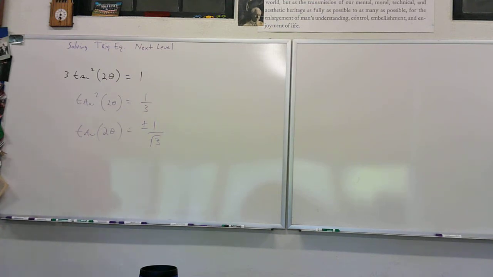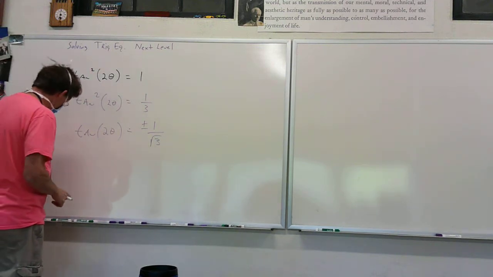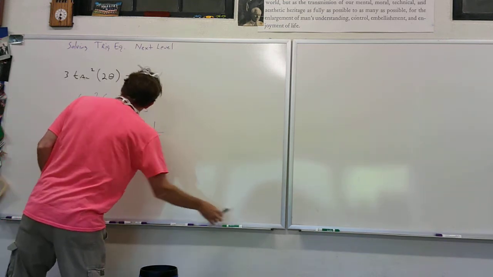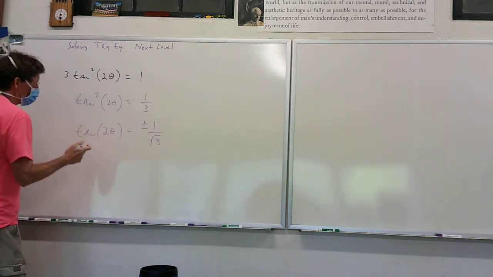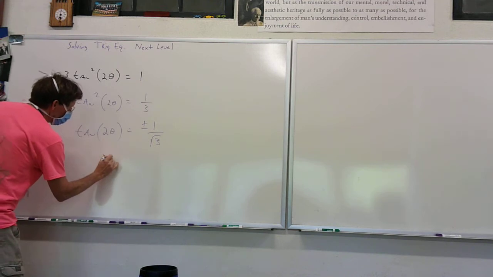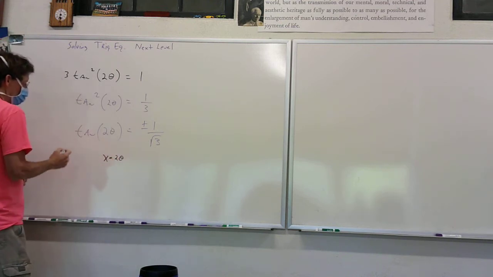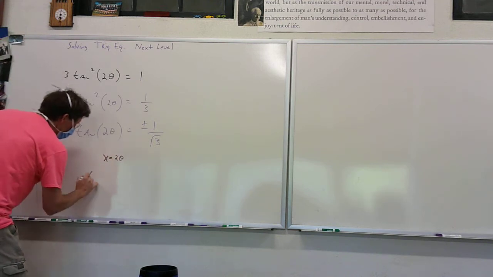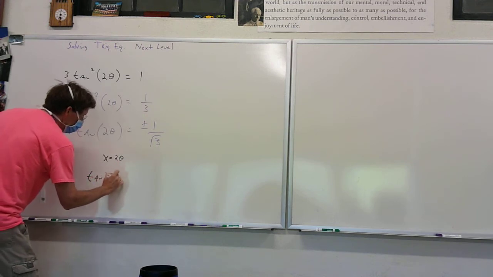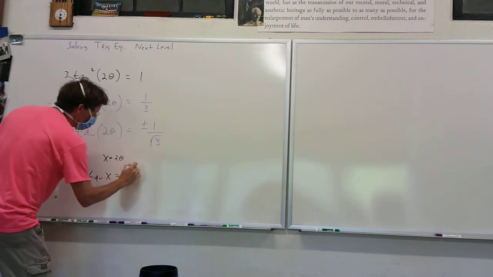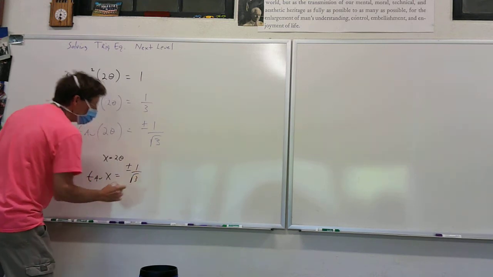All right? And there should be some of those on your unit circle, right? Okay. So what I'm going to do at this moment is say, let's make x equal 2 theta so that we don't have to worry about it yet. So tangent of x equals positive or negative 1 over square root of 3.